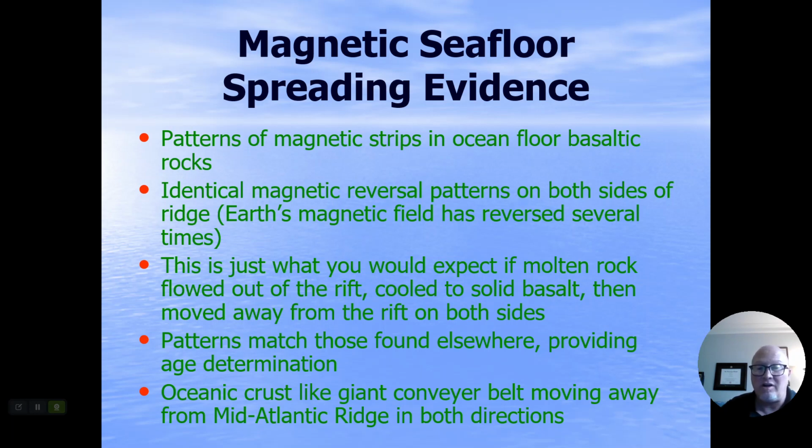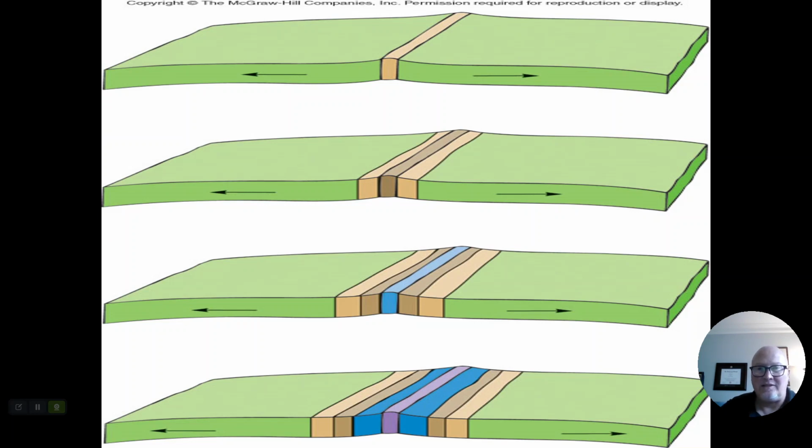So the oceanic crust is kind of like a big conveyor belt that's moving North and South America away from Africa, about the same rate as your fingernails grow. And here you can see a diagram that's showing that. As the plates move apart, this layer moves apart and a new layer forms between it.